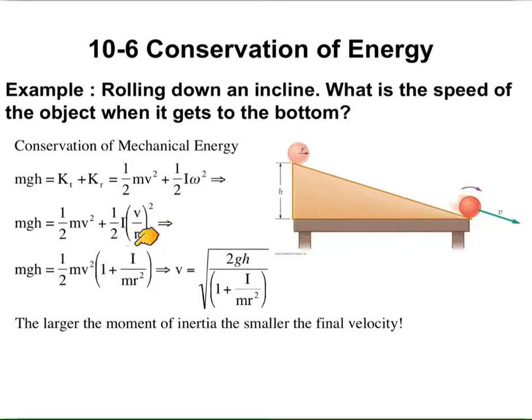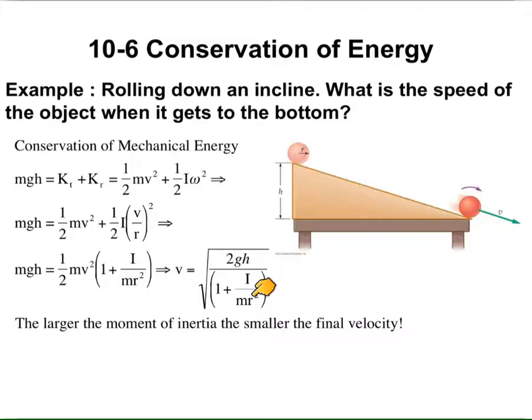If you do all the calculations, you see v at the end will not be equal to the square root of 2gh, but it will be equal to the square root of 2gh divided by 1 plus the moment of inertia of this rotating object. It may be a disk, a solid sphere, a hollow cylinder, whatever it is. In all cases, this I will be different. Divided by the total mass of the object times its radius squared.